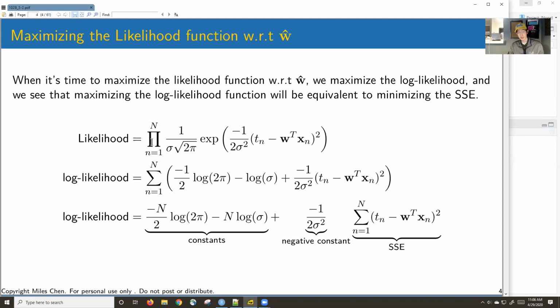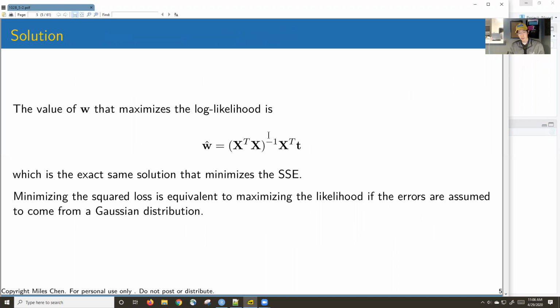Taking the derivative of a product is hard, so we deal with the log likelihood. We take the log of this whole thing, and that turns the product into a sum. Then these are all a bunch of constants. When we solved for the W that maximizes the log likelihood, we got this solution: X transpose X inverse, X transpose T.